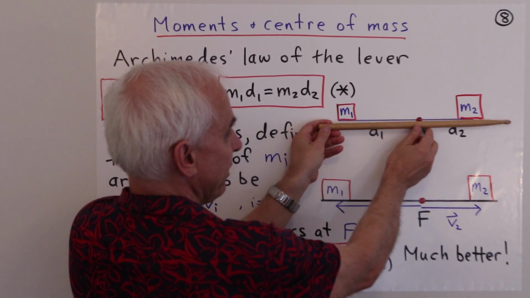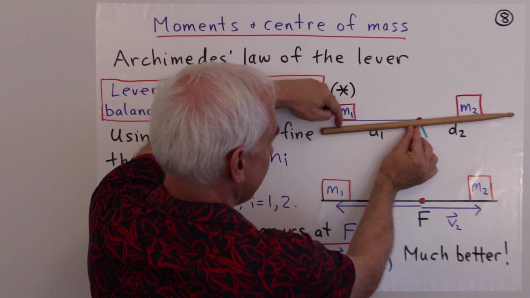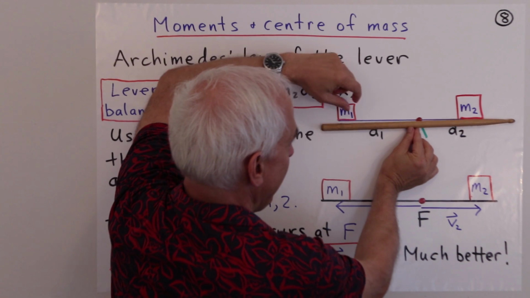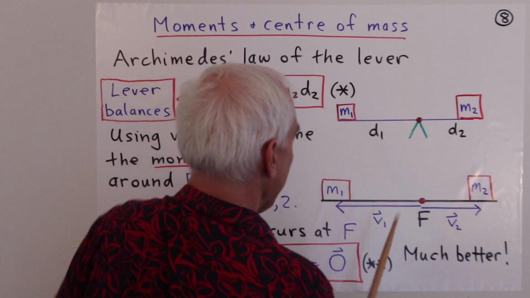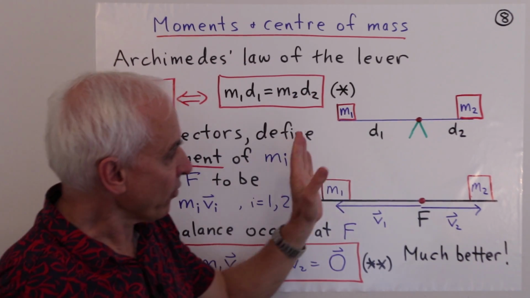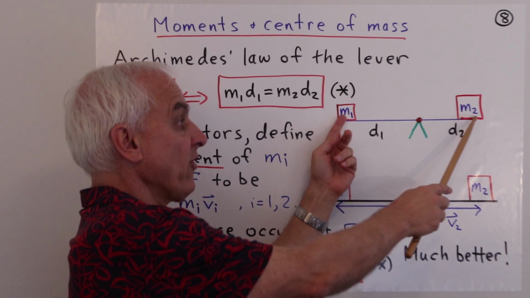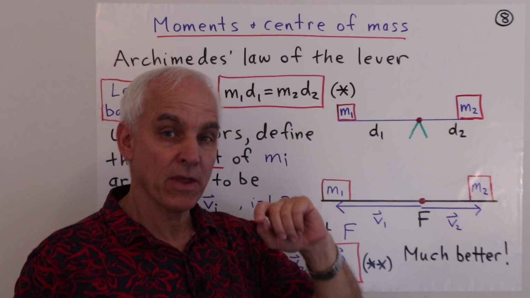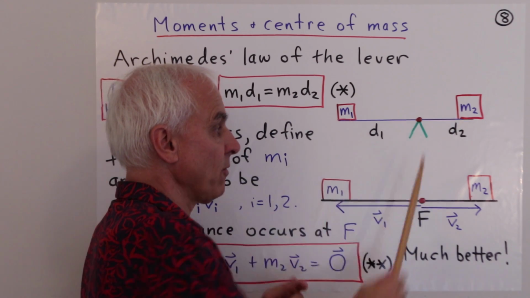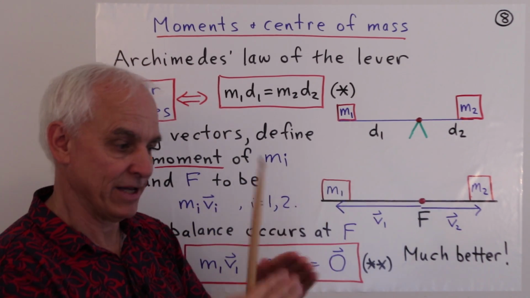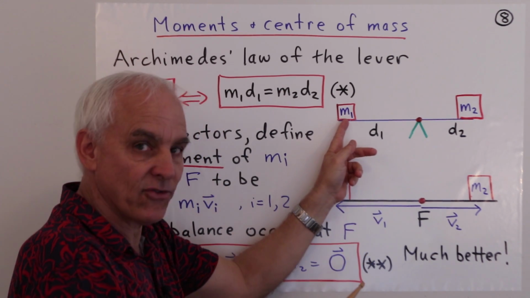Okay, so here's a lever, and we have some point there like this, and we have some masses, one on this side, one on this side, and we're interested in the situation when the thing actually balances, doesn't fall over. Okay, and he noted that the relationship that's required for balance is a very precise one in terms of the two masses, let's call them M1 and M2, as well as the two distances, D1 and D2, from the fulcrum, the place where everything is trying to balance, to the bottoms of the masses.